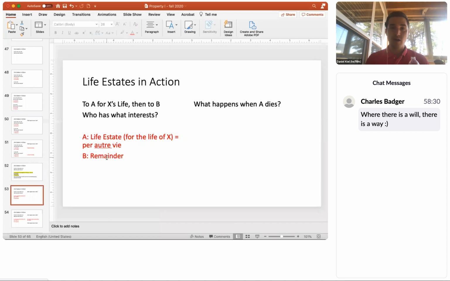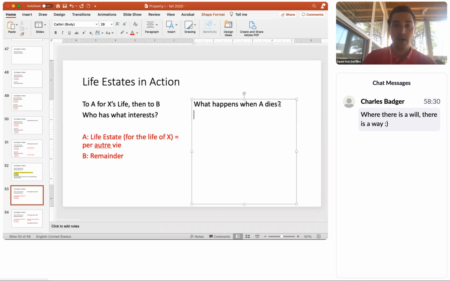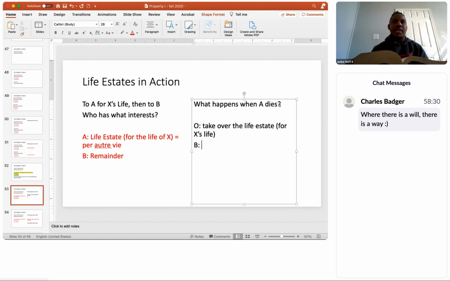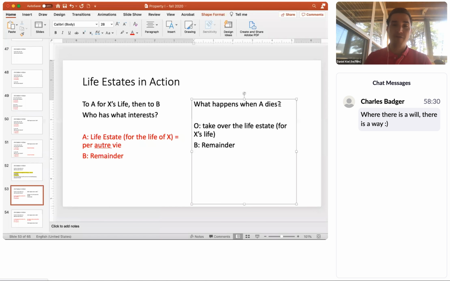And Jasky also said, and let me just write out what you said, that when A dies, O will take over the life estate for X's life. And at that point, let's just say before X dies, what does B have, Jasky? The remainder. Right, it's the same.